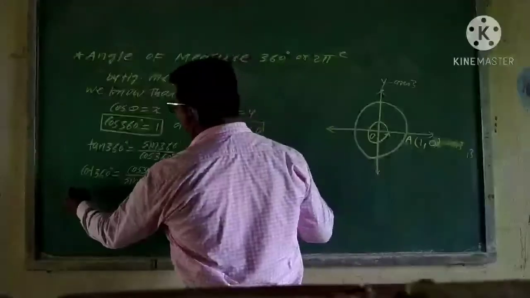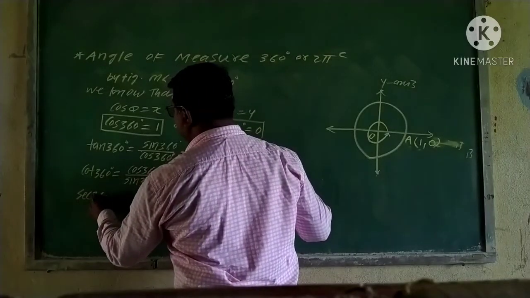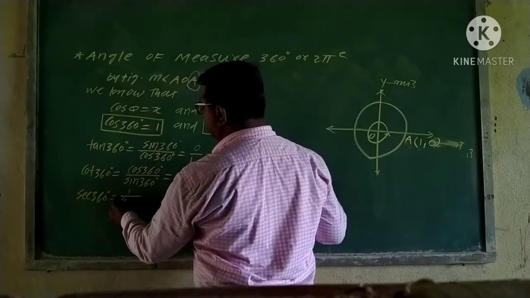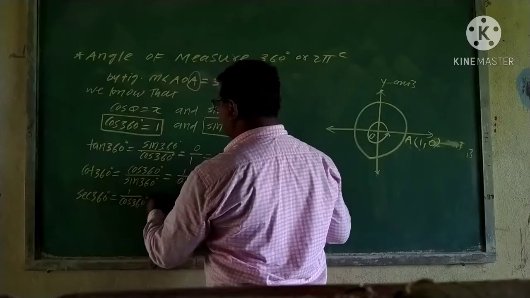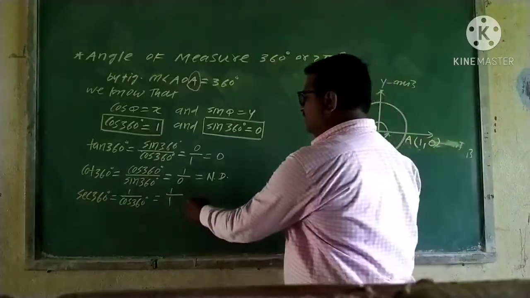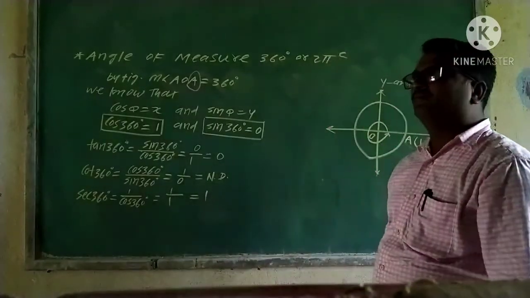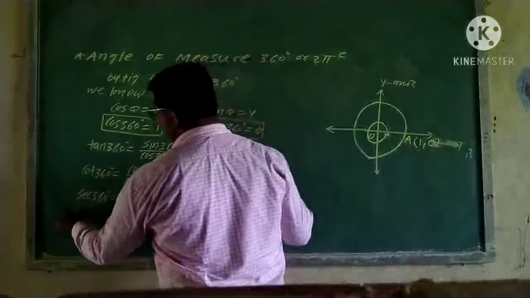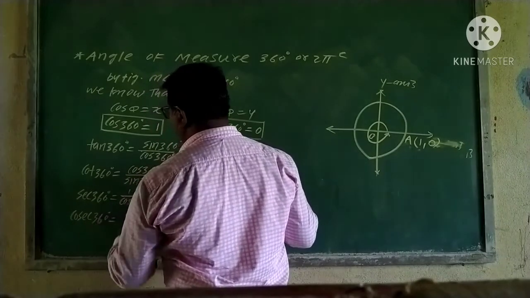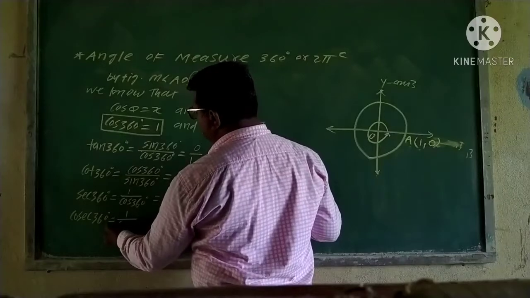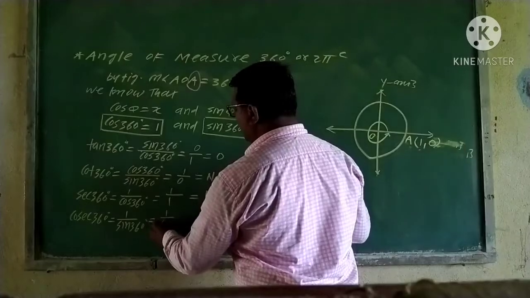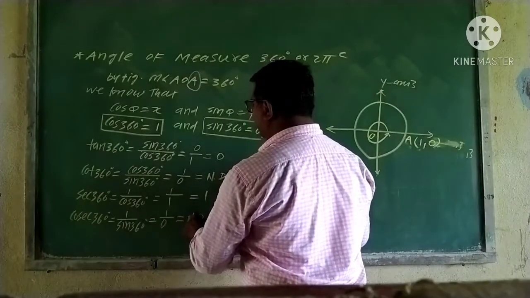Next, sec of 360 degree is equal to 1 upon cos of 360 degree, that is 1 divided by 1, which is 1. And last, cosec of 360 degree equal to 1 divided by sin of 360 degree equal to 1 divided by 0, that is not defined.